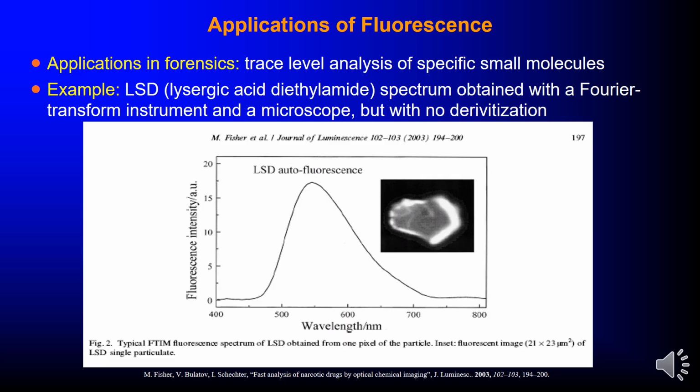For example, LSD, lysergic acid diethylamide, a spectrum obtained with a Fourier transform instrument and a microscope, but with no derivatization. So you can see there how we can determine lysergic acid diethylamide.